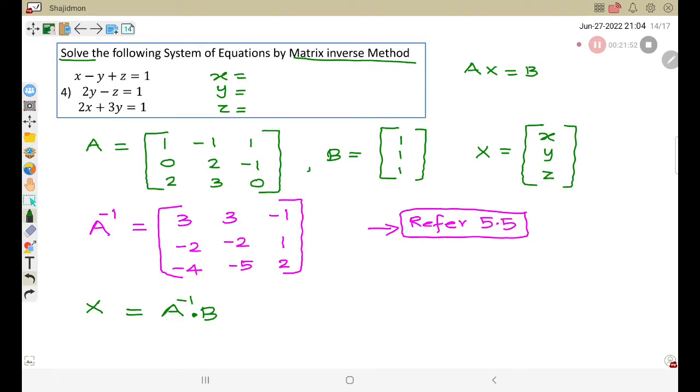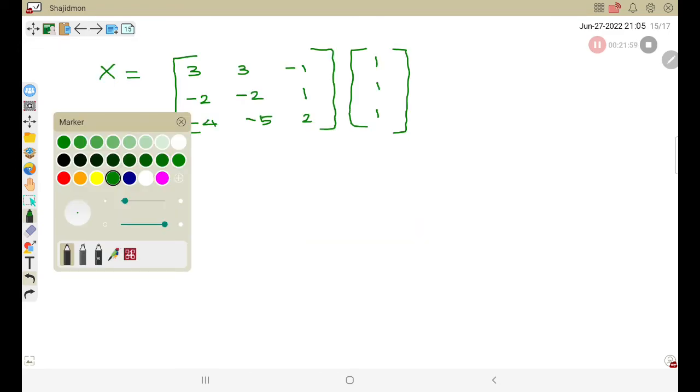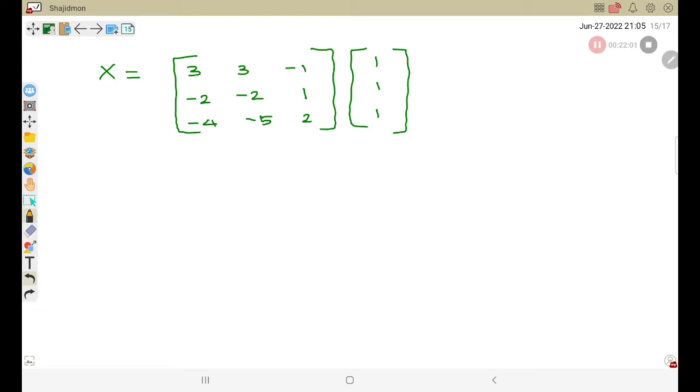So only for the A inverse part you can refer to that recorded class. Now we need to multiply these two matrices so that we will get the answer. So this is the first row, row number 1.